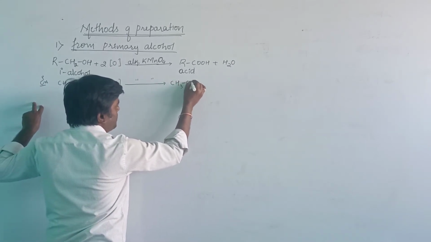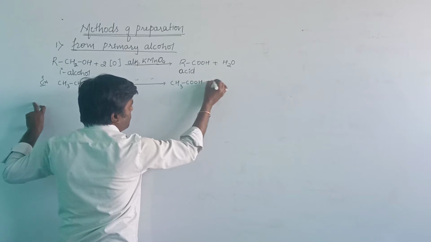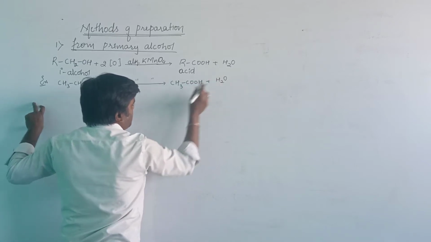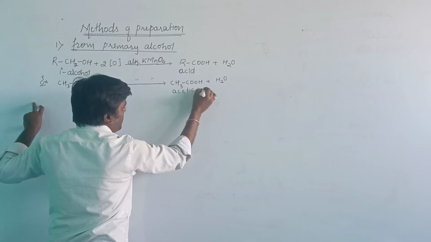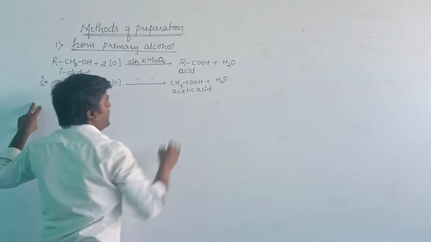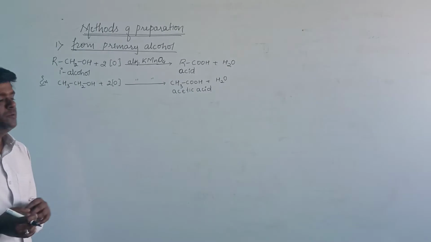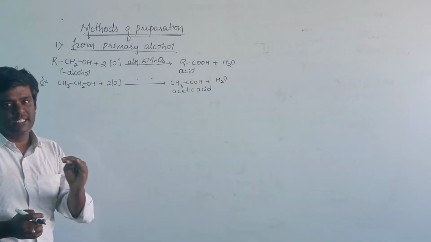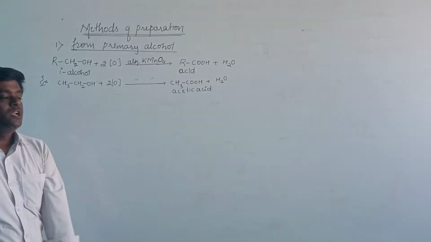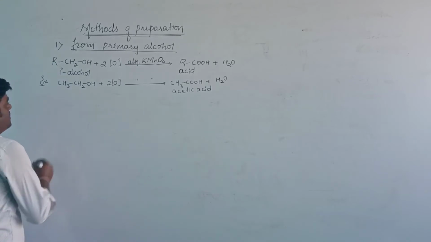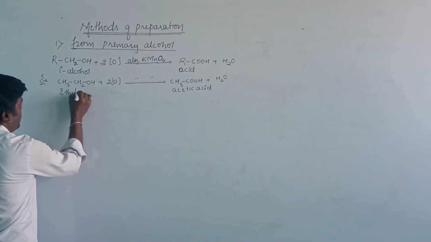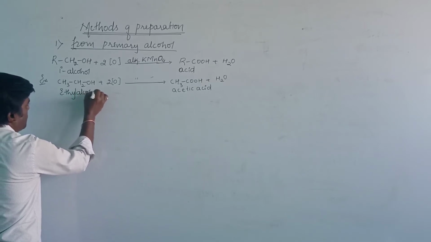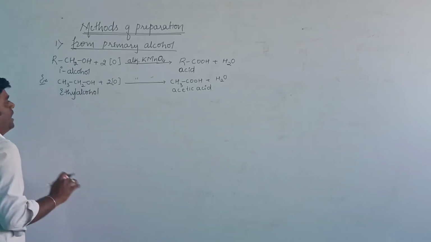CH3COOH plus water molecule here. The compound is generally known as acetic acid. The IUPAC name is ethanoic acid. Then this is the ethyl alcohol; generally it is known as ethyl alcohol and the IUPAC name is ethanol.